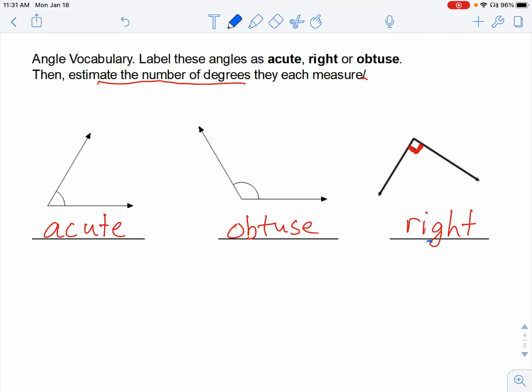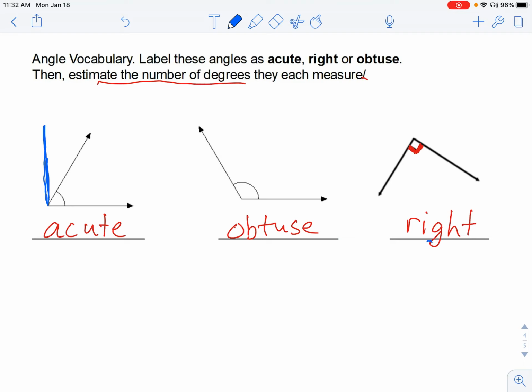And the right angle is a really big benchmark to use. So this angle, we already know it's acute, so we know our estimate's going to be less than 90 degrees. I like to actually draw on here, sketch roughly what a 90-degree angle will look like, and then I can see kind of what fraction this is taking up or how close this is to 90 degrees.